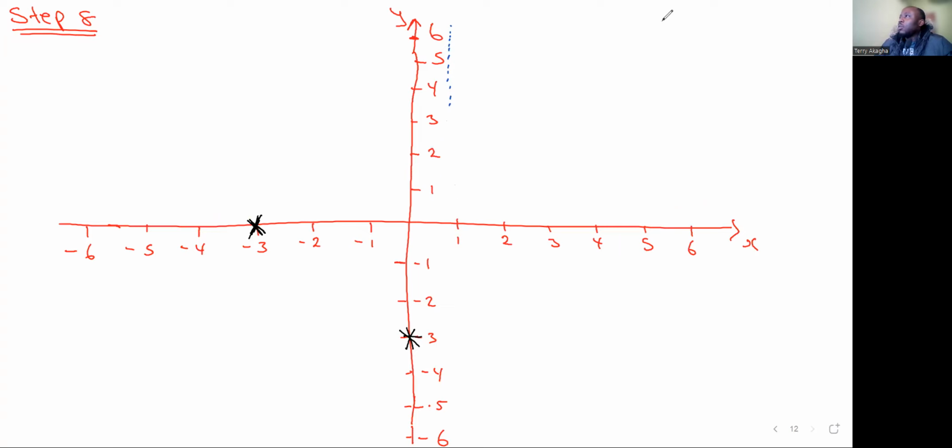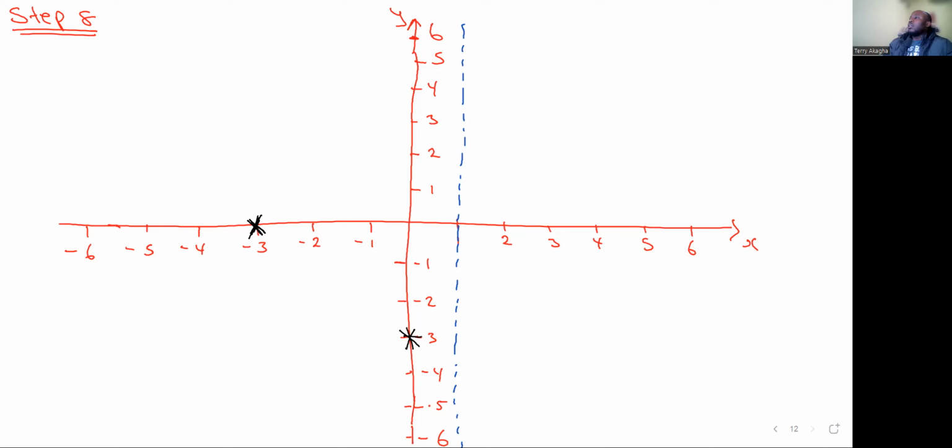Let me do a better job than that. So this is 1, so let's drag it maybe like this, it will look better. So this is the vertical asymptote for this graph.